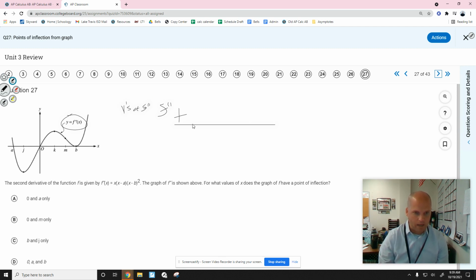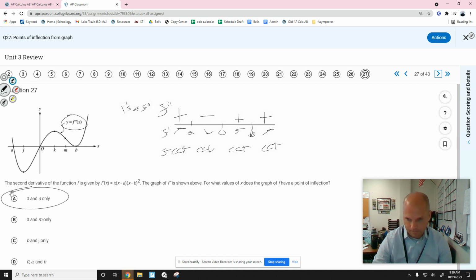So F double prime is positive until A, it's negative until 0, it's positive until B, it's positive after B. That tells me F prime going up, going down. More importantly, it tells me F's concavity. Points of inflection, when concavity changes, I don't change concavity at B. I just change concavity at A and 0. That's it.